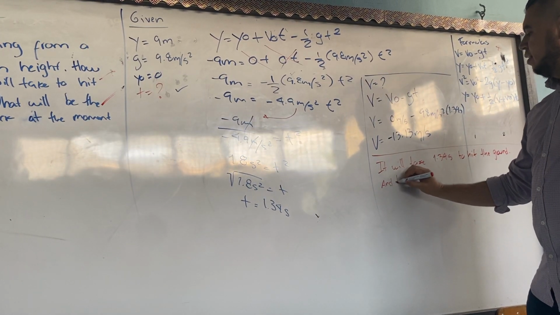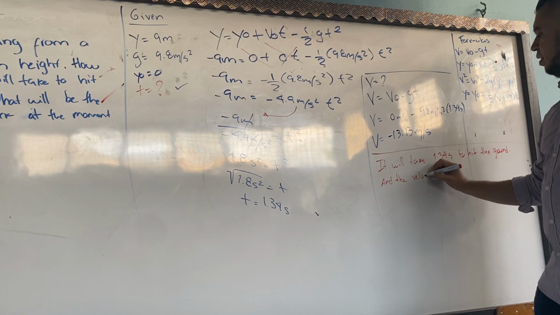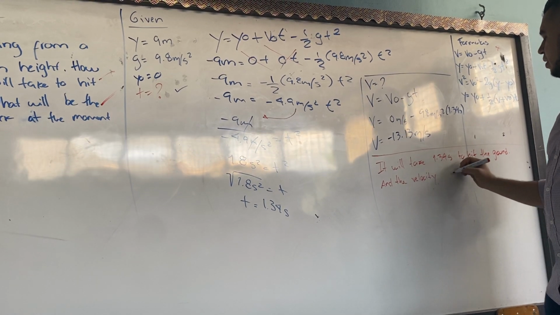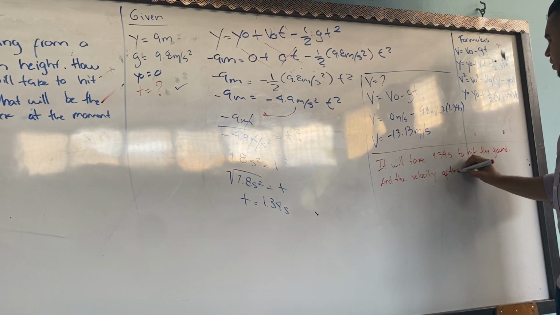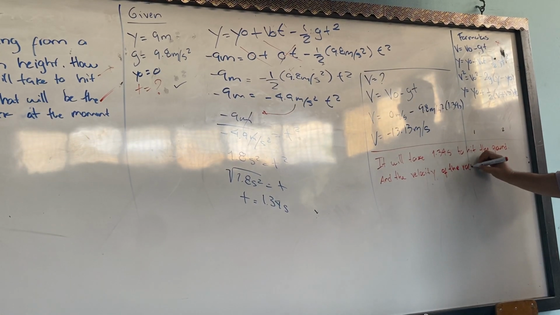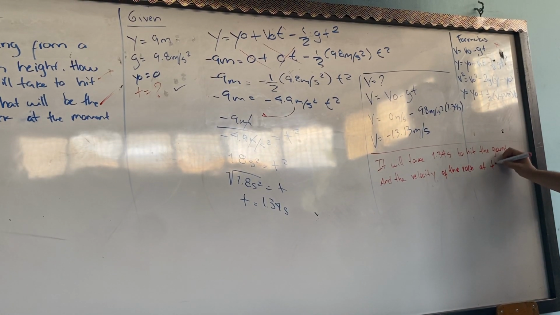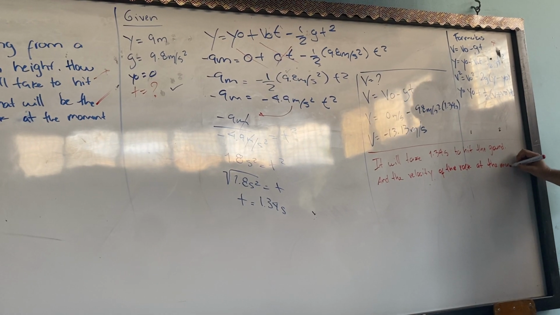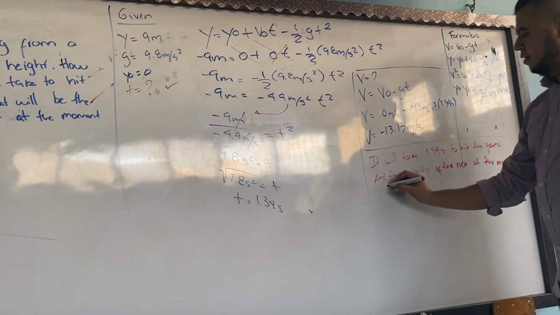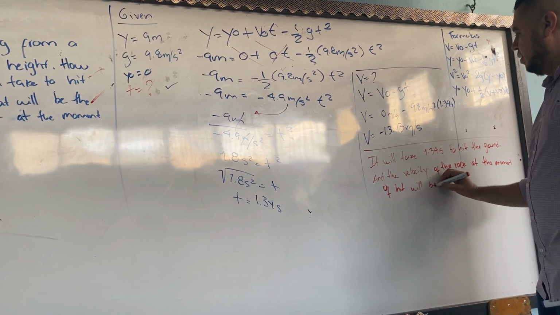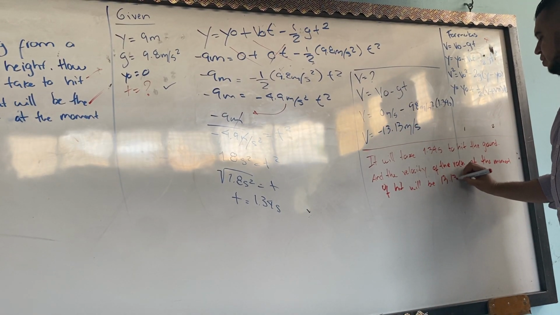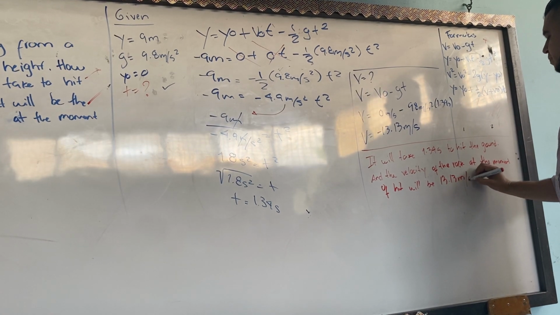And the velocity of the rock at the moment of the hit will be 13.13 meters per second, right?